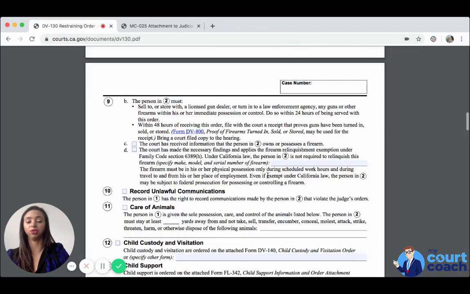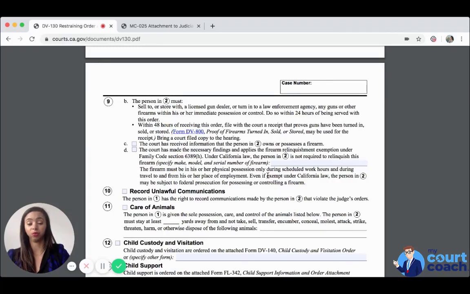So the person in 2 has to sell or store with a licensed gun dealer or turn into a law enforcement agency any guns or firearms within his or her immediate possession or control. They must do so within 24 hours of this order.